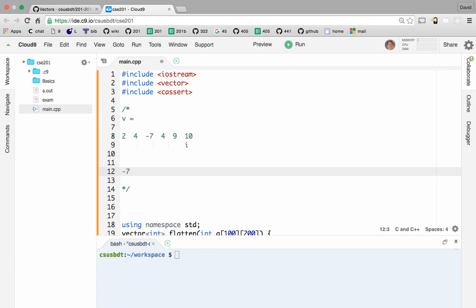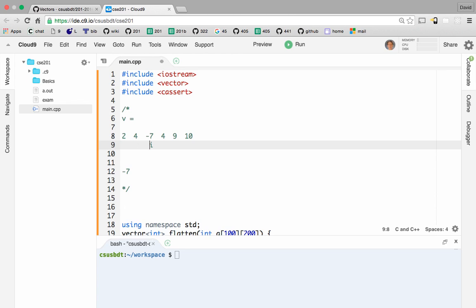Now, after the -7 is there, what's the next smallest? I'm going to start the whole process again, right? The next smallest is 2. Okay. 4, -7, 4, 9, 10. Well, the -7 we already got, so I made a note.